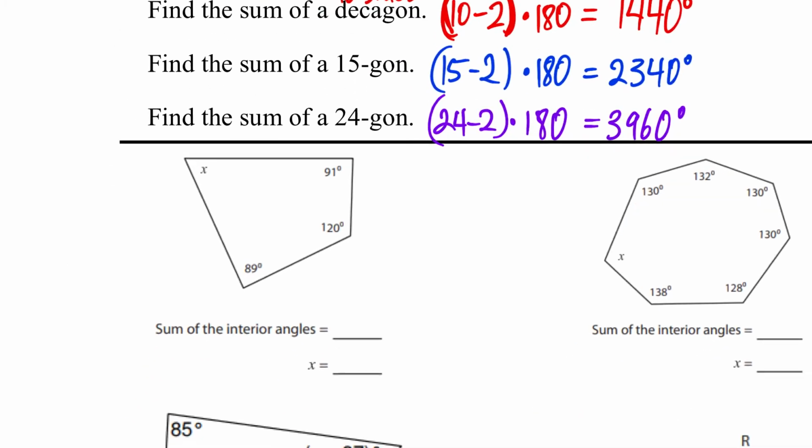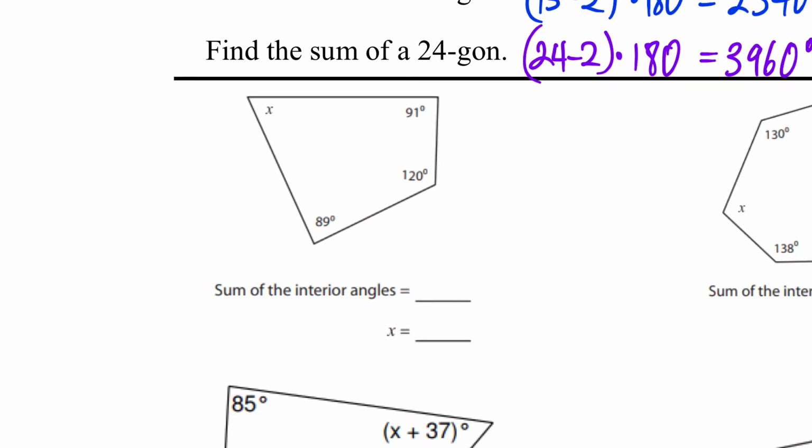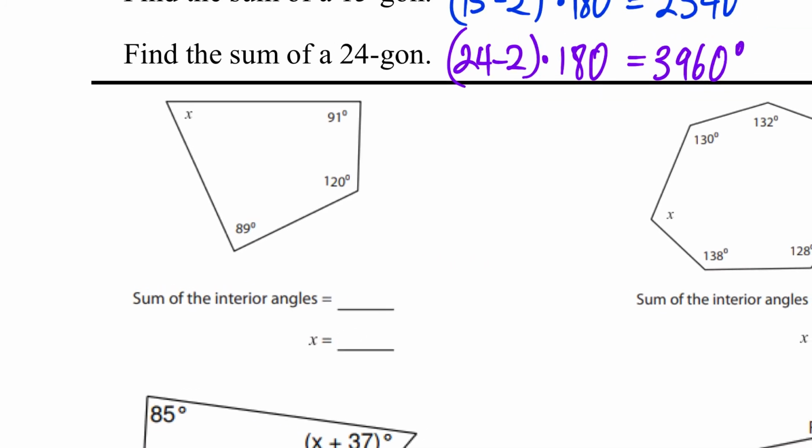Okay, so we're going to use that to help us find this stuff right here. So on this first one, what type of shape is this one? Quadrilateral. Good, it's a quadrilateral. Okay, sorry. So in a quadrilateral, what do these 4 angles always add up to? 360.